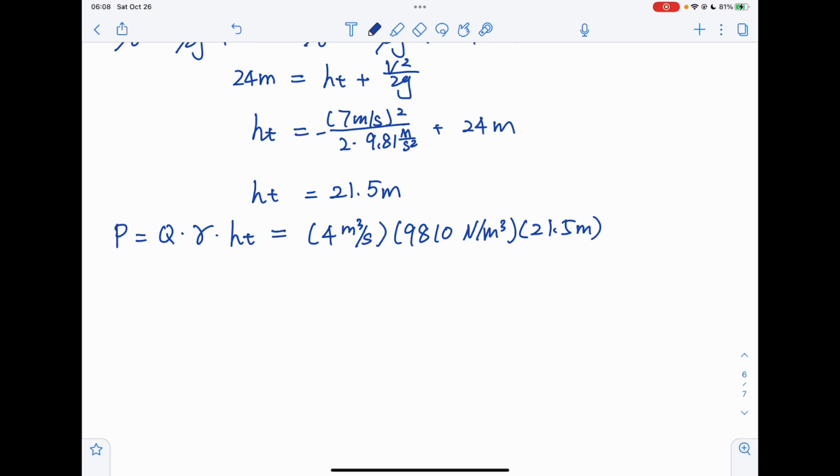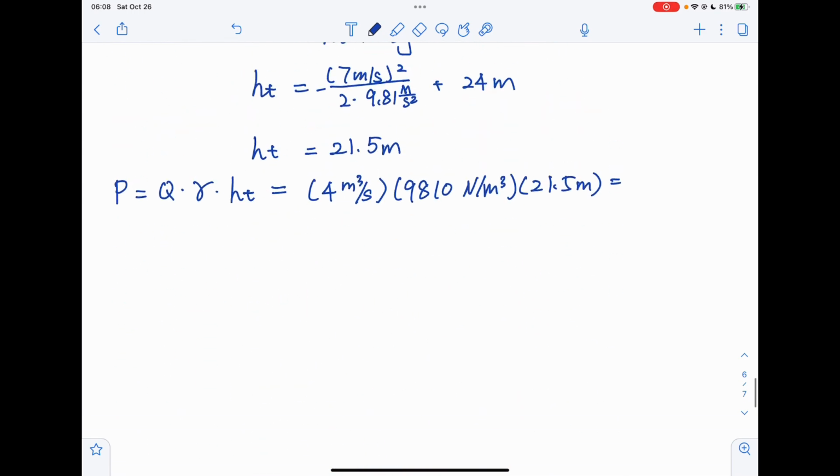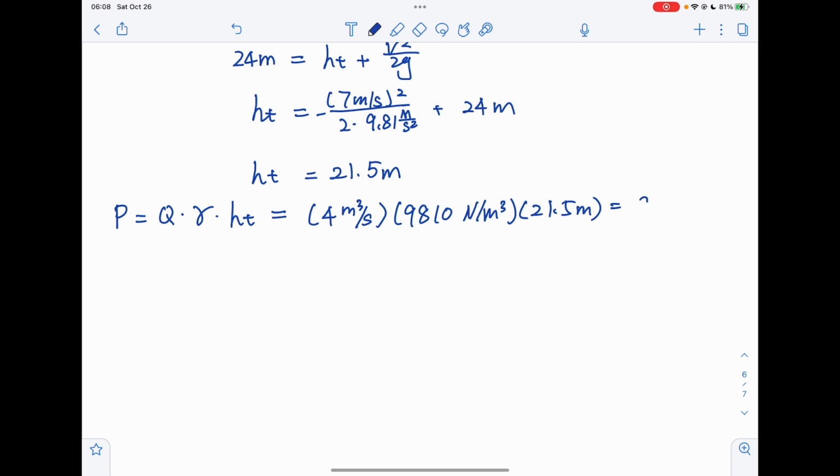The problem asks us to put that in kilowatts, so it will be 844 kilowatts.